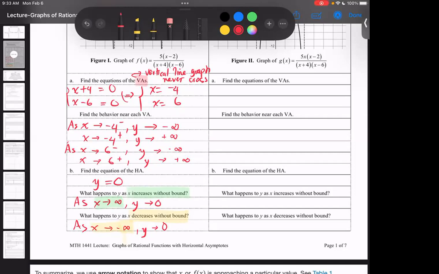Another difference is that the graph never crosses a vertical asymptote, but the graph may or may not cross the horizontal asymptote. And then I'll show you how to find when it crosses. So let me do a little note there. Graph may or may not cross the horizontal asymptote.